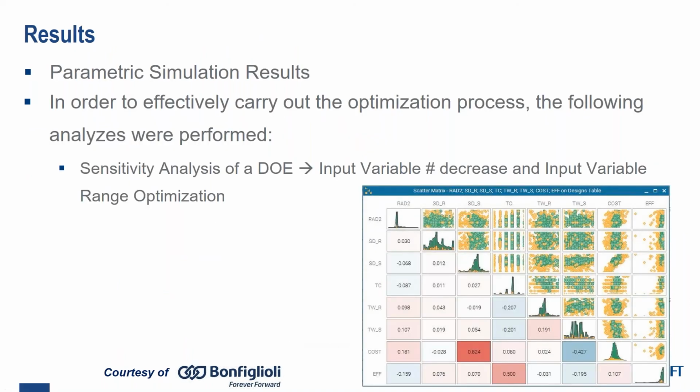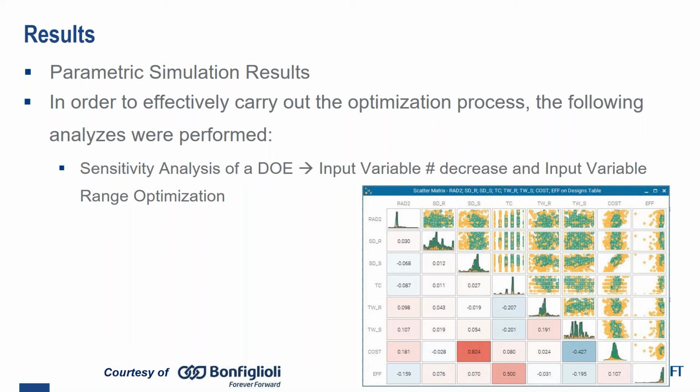So in order to effectively carry out the optimization process, the following analyses were performed. We started with a design of experiment analysis in order to perform a sensitivity analysis.